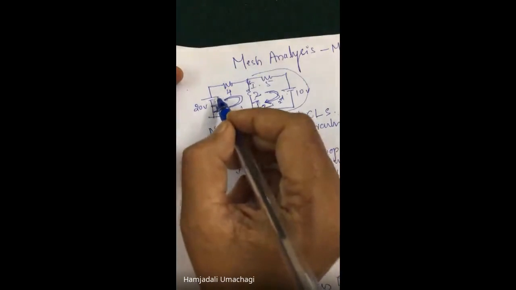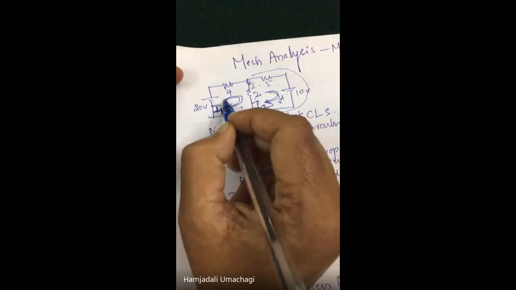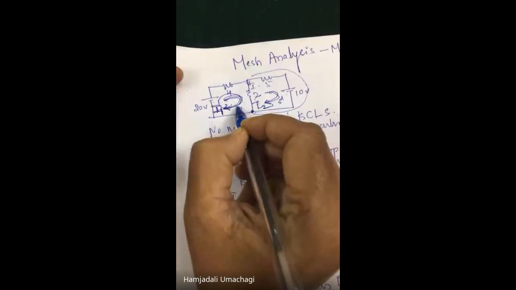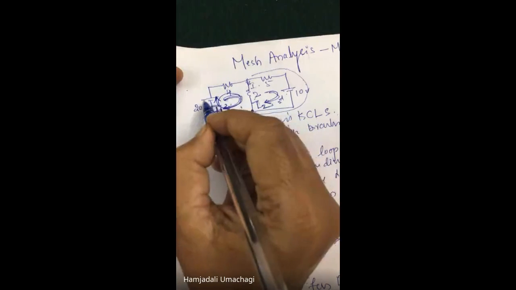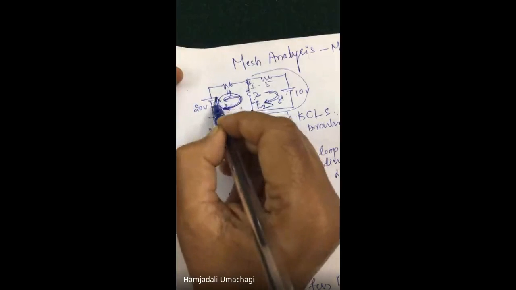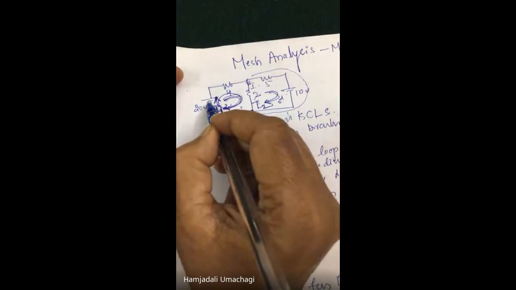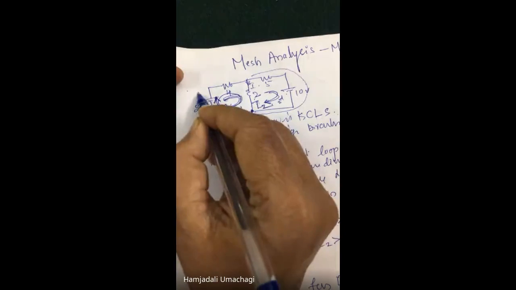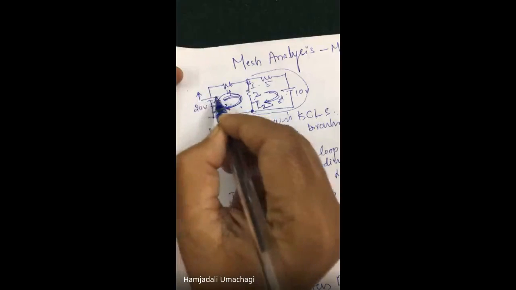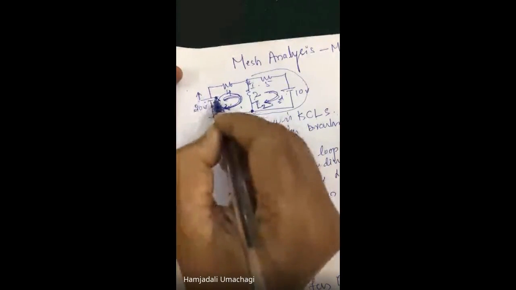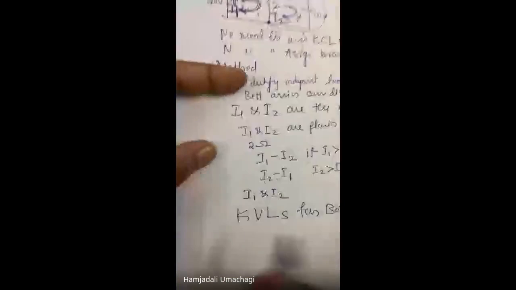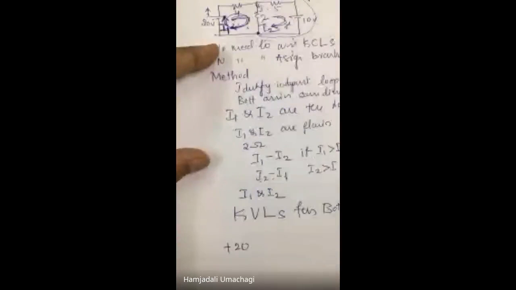Here, the loop direction is in this circle. Through the voltage source, it is in the upward direction. What is the direction of this source? It is also upward. So the loop current and source current are both acting in the same direction. Thus, plus 20.